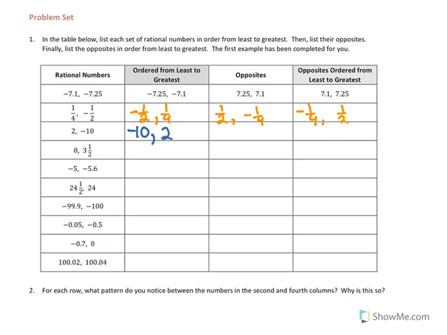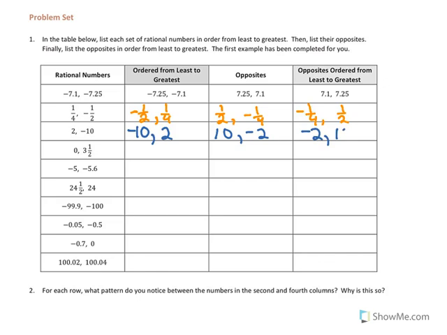Now what are the opposites of negative 10 and positive 2? The opposite of negative 10 is 10, and the opposite of positive 2 is negative 2. And now how do you order positive 10 and negative 2? Which one is the least? Which one is the greatest?